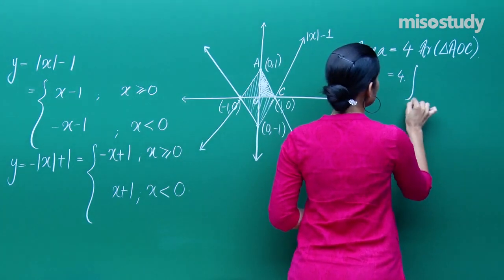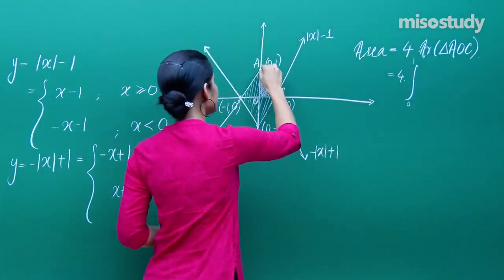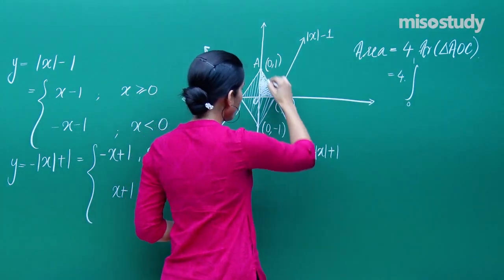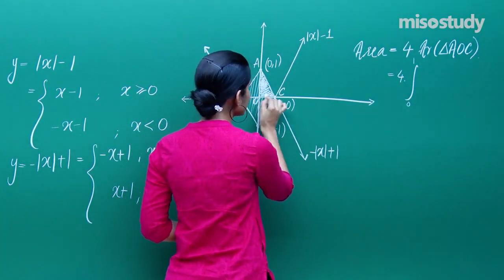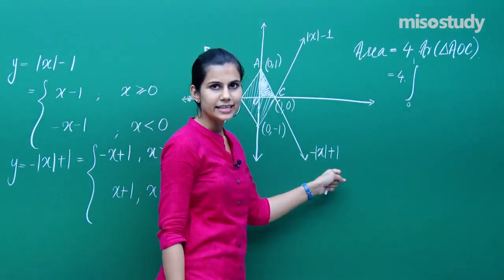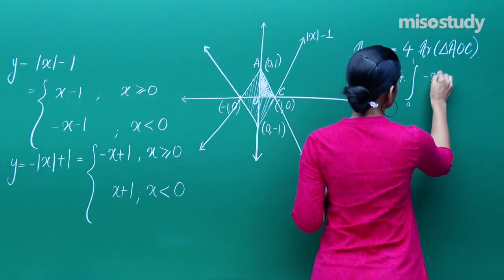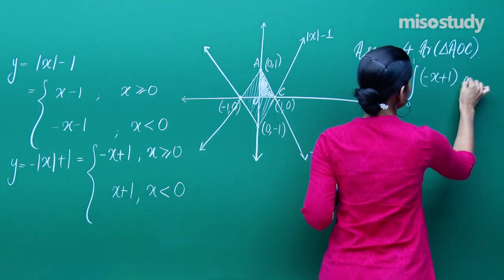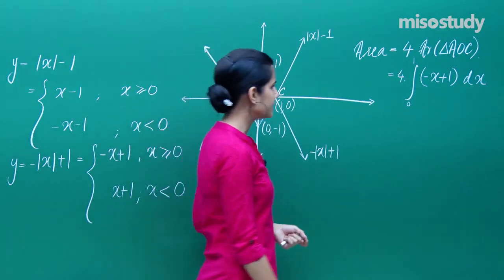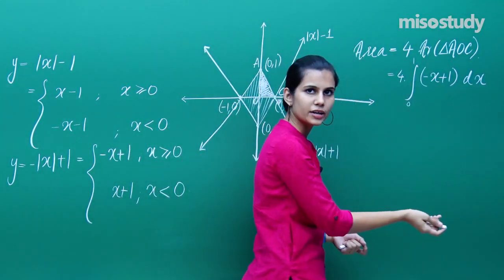This is 4 times the area of triangle AOC, which will be the integral from 0 to 1. Now what is this curve? Obviously this is the curve to be taken into consideration. Over here x is non-negative, so minus mod x plus 1 will be minus x plus 1 dx, because mod x is equal to x when x is non-negative, and from 0 to 1 obviously x is non-negative.